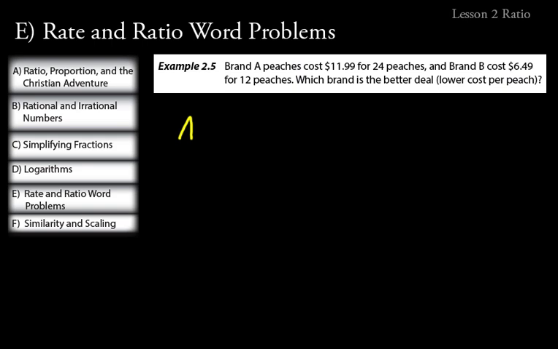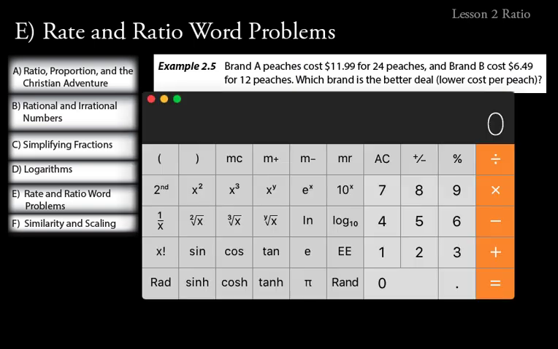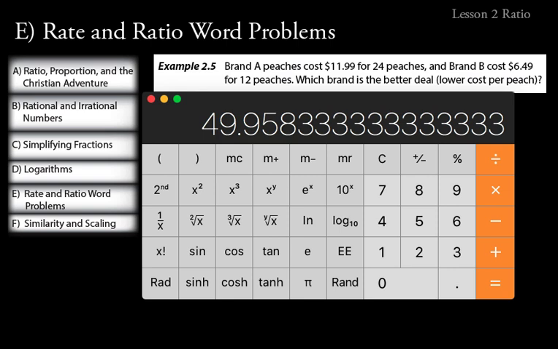So for brand A, we have $11.99 divided by 24. Get your calculator out. That's 49.96 cents. To get that in cents instead of dollars, you could just type in 1,199 cents divided by 24, 49.96.